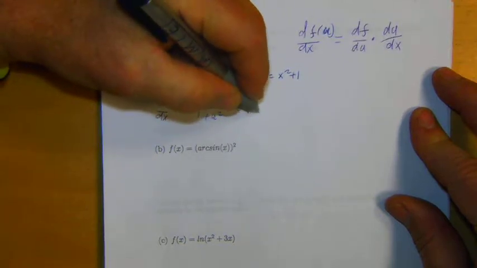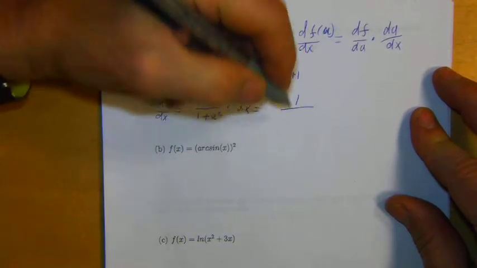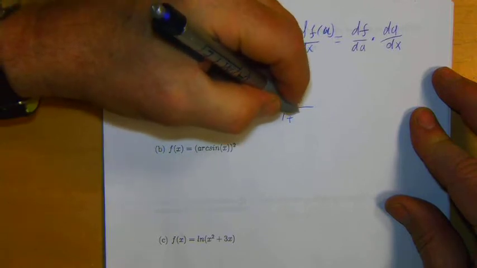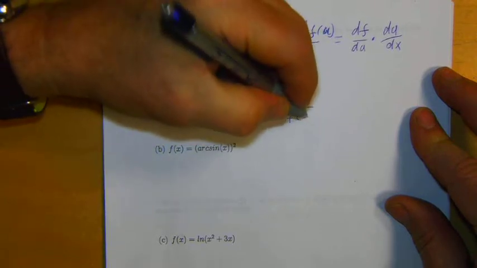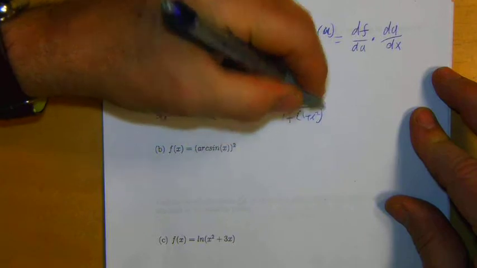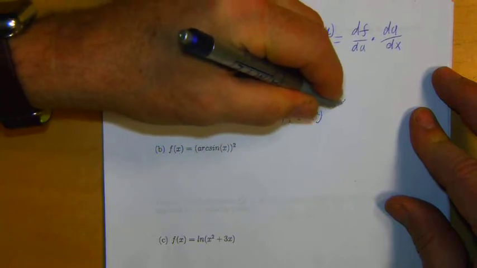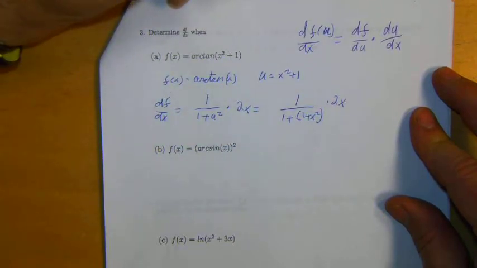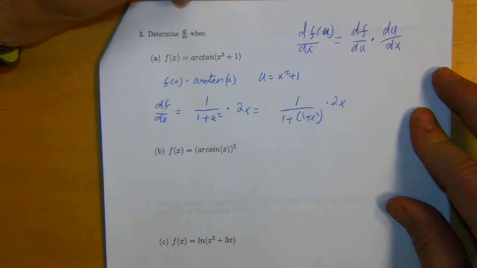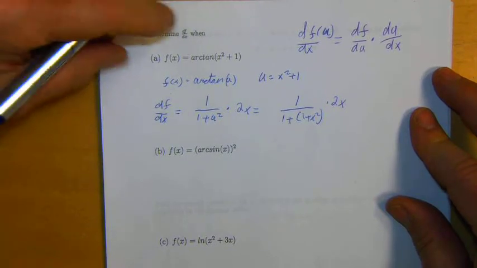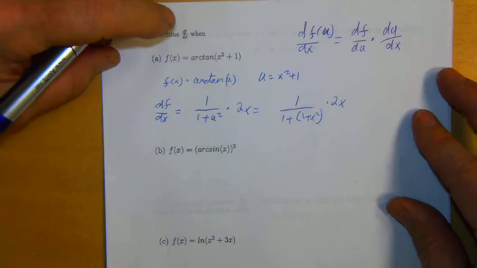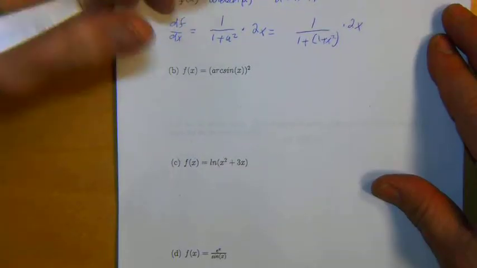So let's substitute for u. We get 1 over 1 plus x squared times 2x. Do not simplify. This is not an algebra class, it's a calculus class, and if you simplify, you're going to make mistakes. So don't do it. Do not simplify.